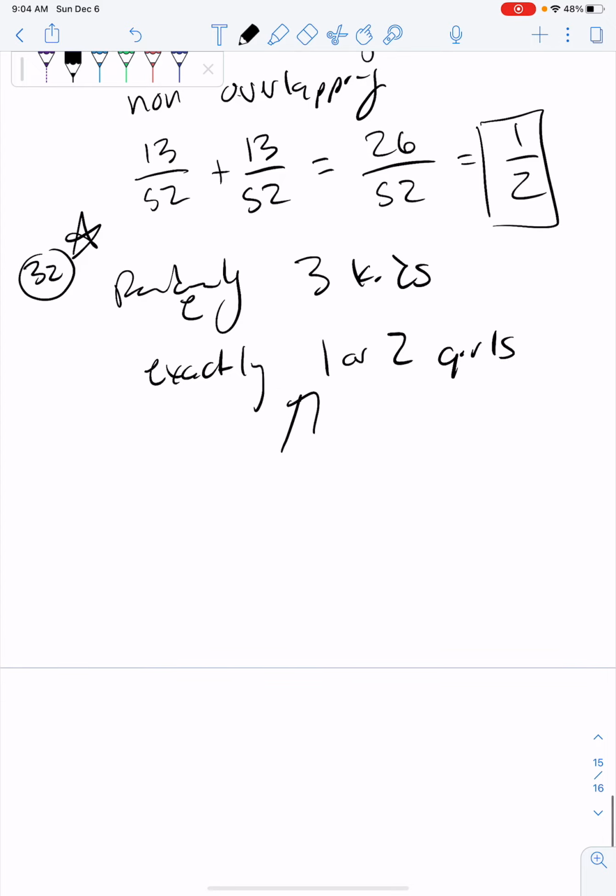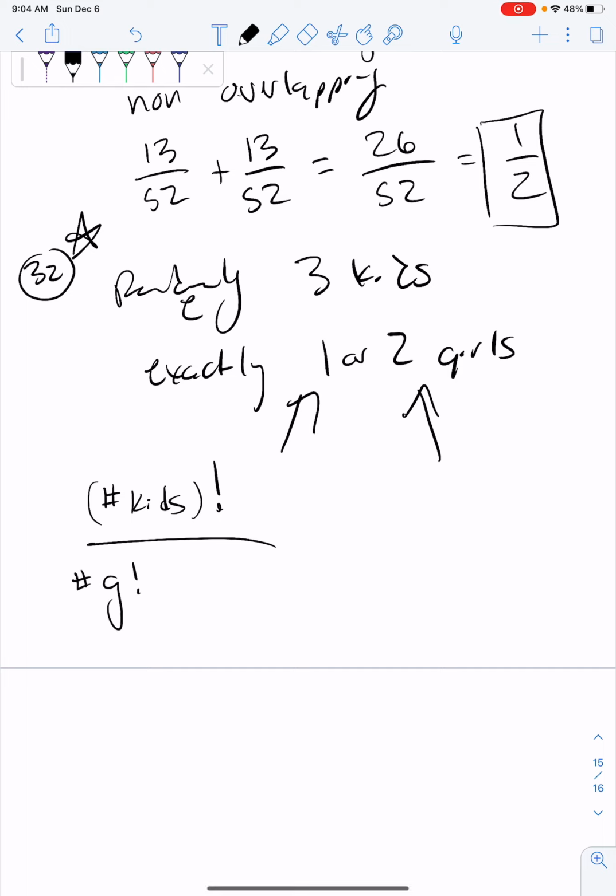Now, you're always going to have 2 different numbers of girls or boys or whatever. So remember, the formula is you take the number of kids factorial, divided by the number of girls factorial, multiplied by the number of boys factorial.